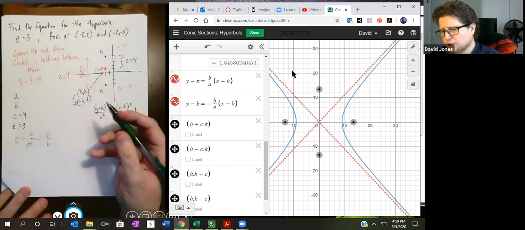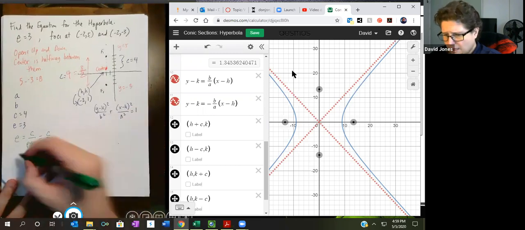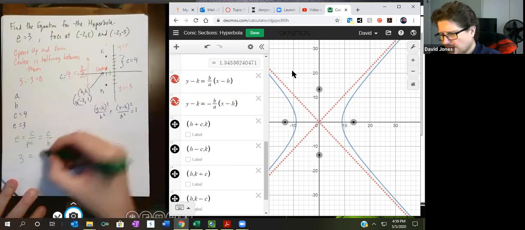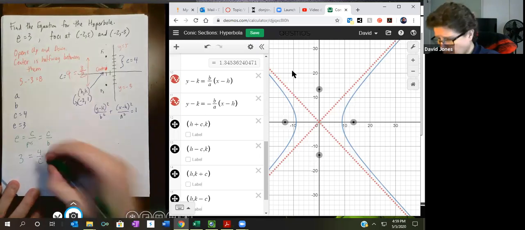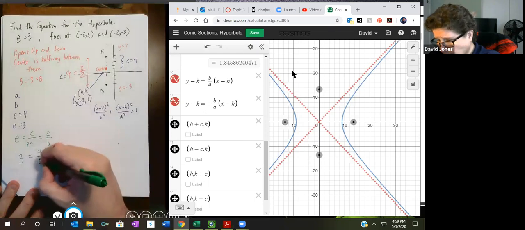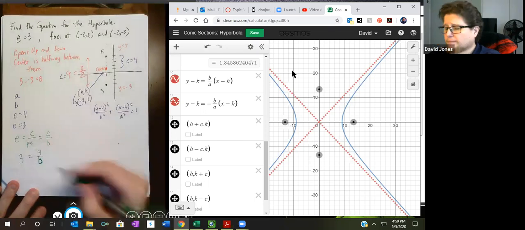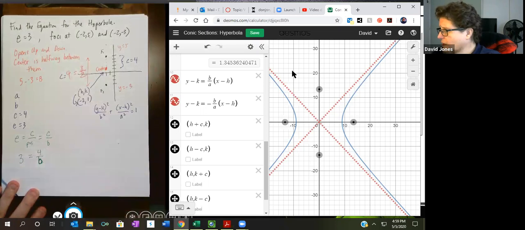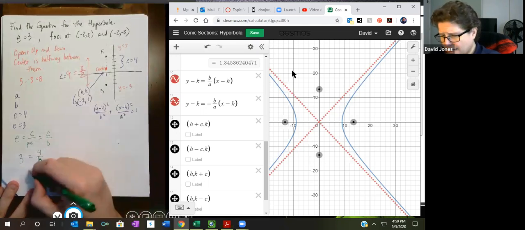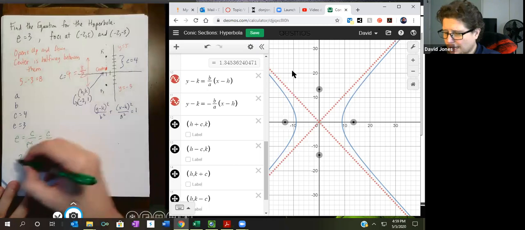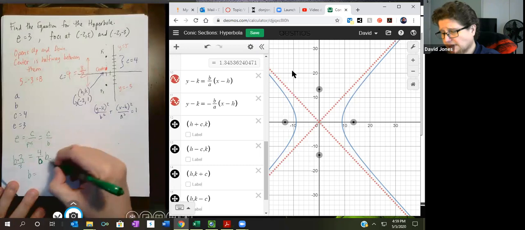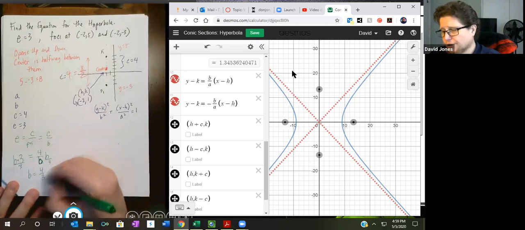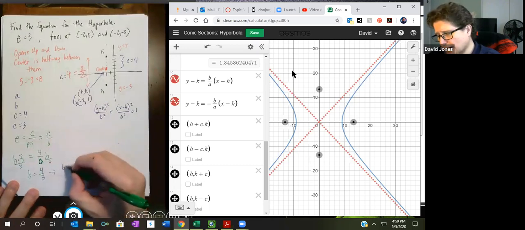We have 2 of those pieces of information. 3 equals 4 over C, or B. Which tells me B, if I cross multiply, I get a B over here, and then I divide by 3. B equals 4/3, which means B squared is 16 over 9.